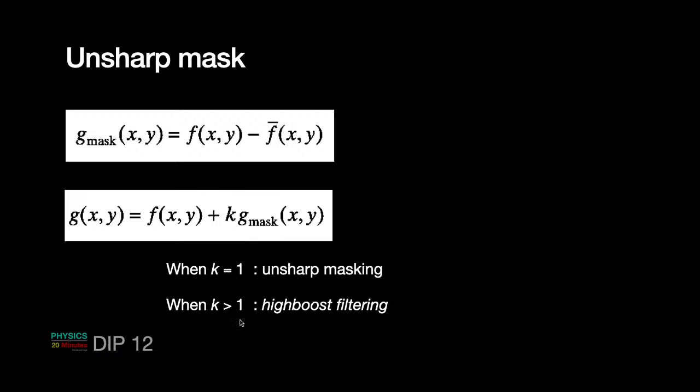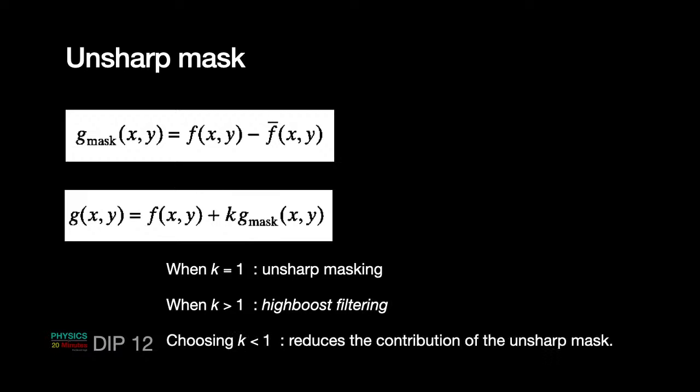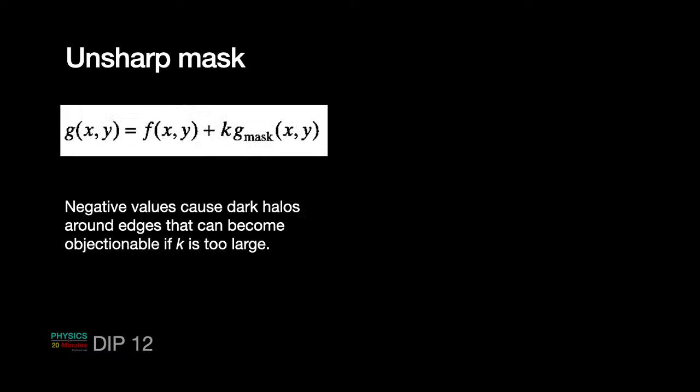And if k is less than 1, it reduces the contribution of the unsharp mask. We are going to see that effect quickly. Just note that if k is negative, then it might create dark halos or dark bands around your image.